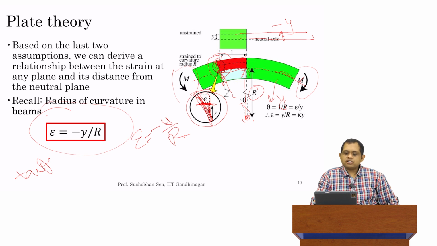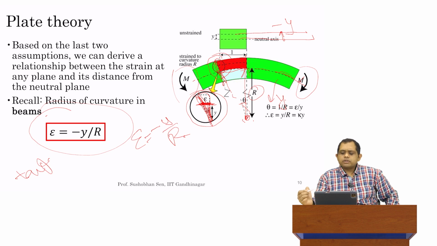So if we take the change in distance divided by r, that gives us epsilon. And so epsilon over y is equal to minus 1 over r, which gives us epsilon equals minus y over r. So without going into the entire detailed derivation, we get this very important relationship which relates the strain. Again, this is the longitudinal strain or the bending strain. This relates the bending strain at any depth to the radius of curvature for a beam.